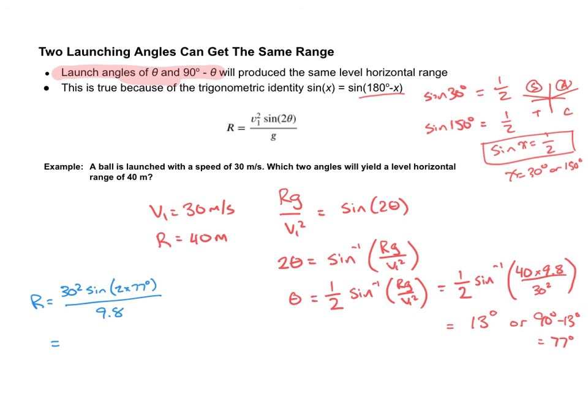And yes, it does. So we're good. The calculator is showing 40.3. So what's with that 0.3? Well, that's because this 13 was rounded, so it's not totally precise here. All right, so two different angles can give you the same horizontal range.